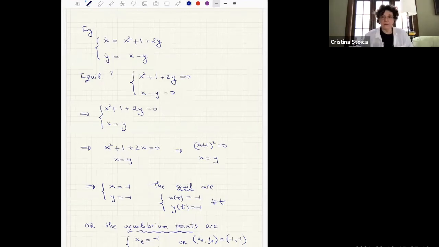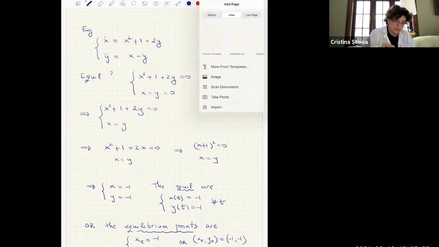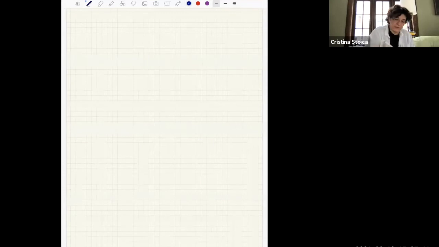So the point is that to find equilibria is to solve some equations. As I said, next time we're going to start studying stability in general. Today, we're going to start studying stability in conservative systems with second order, because for those ones, the stability is coming up from the phase space very easily.